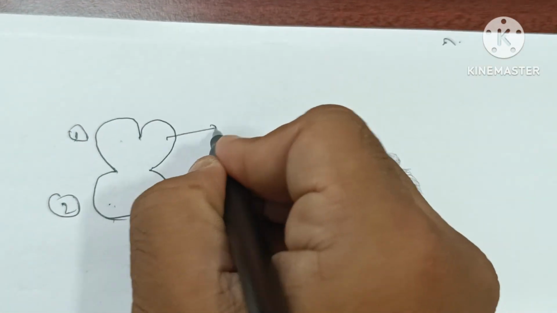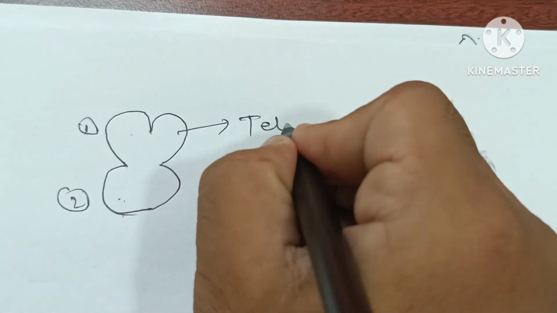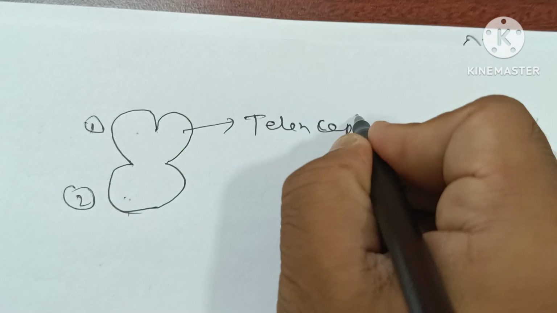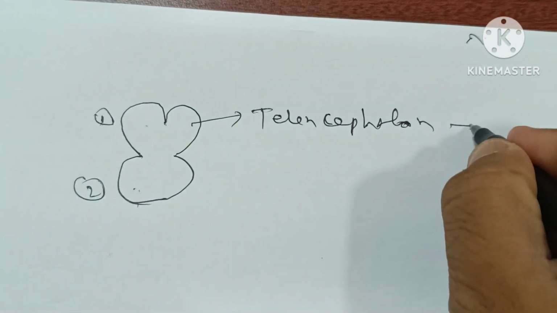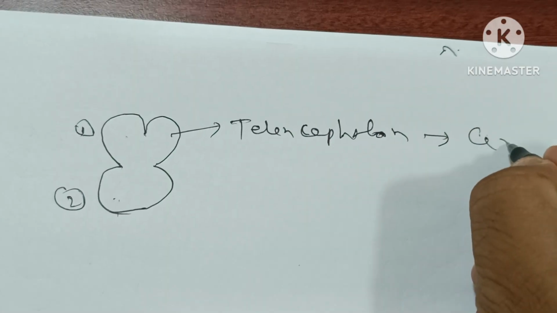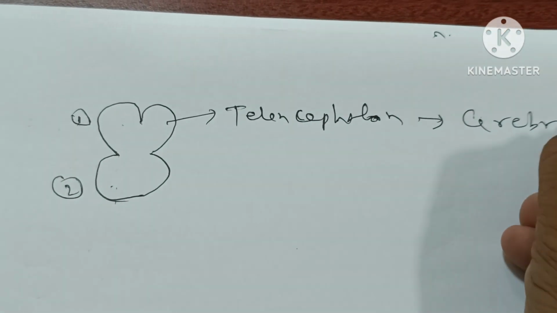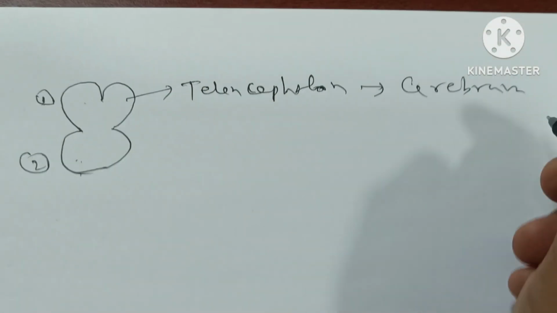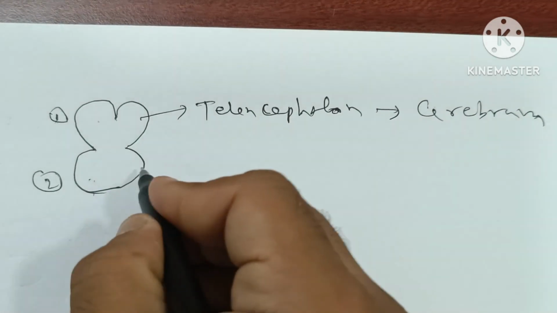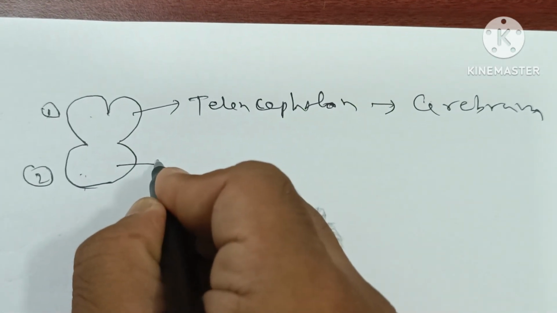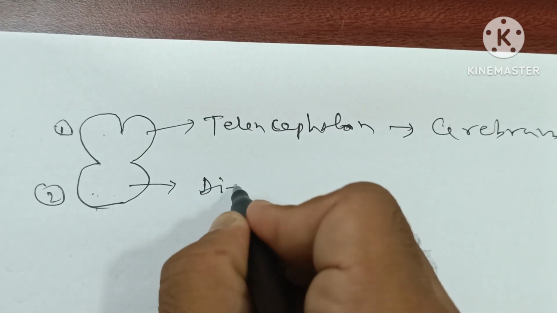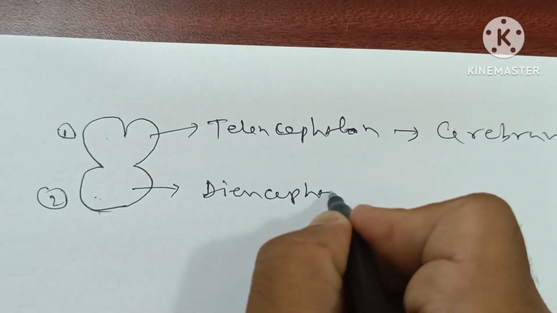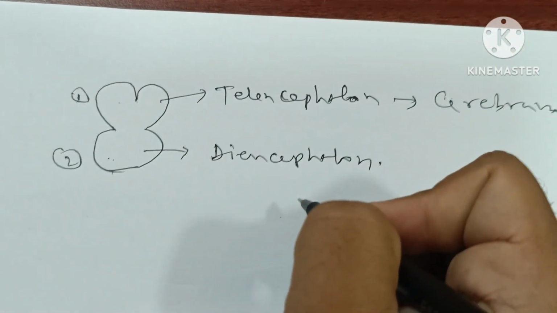The first one is called the telencephalon, which will develop further to form the cerebrum. The second secondary brain vesicle is called the diencephalon.